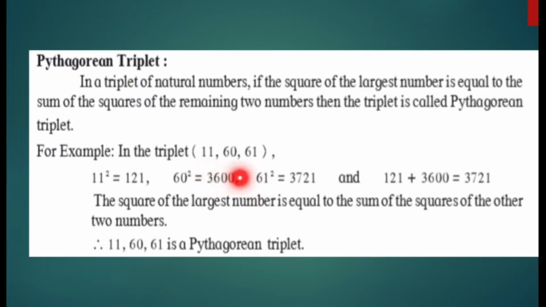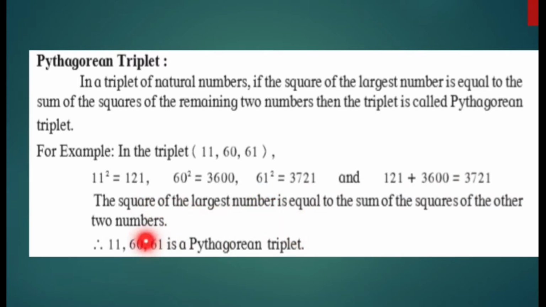So we square the numbers less than 61 and sum their squares. So 11 square is 121, 60 square is 3600, and the square of 61 is 3721. So we add 121 and 3600, we get 3721, which is the square of 61.